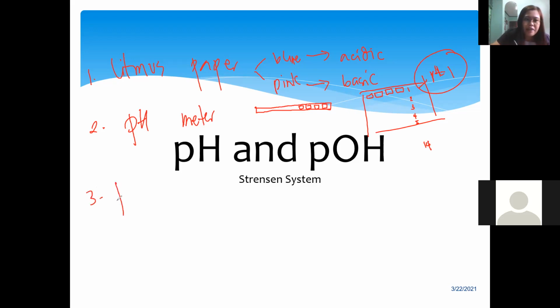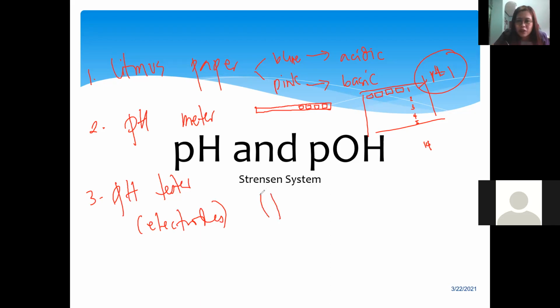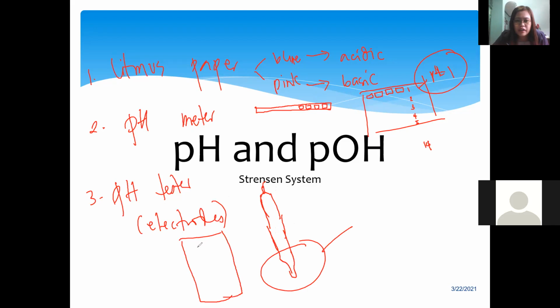And then we really have our pH tester, which uses electrodes. So it's like a machine, a small one, and then meron siyang electrode that looks like this. So ito nakakonect doon sa reader. So itong part na ito will just be dipped in your solution again, and then since this is a machine, meron siyang parang monitor na like this.